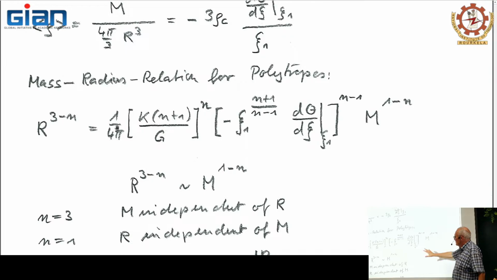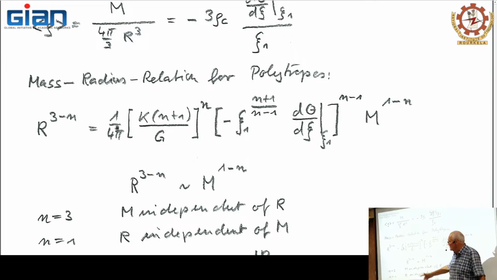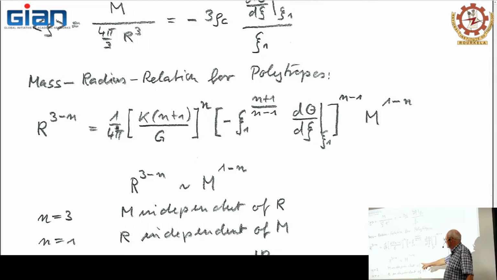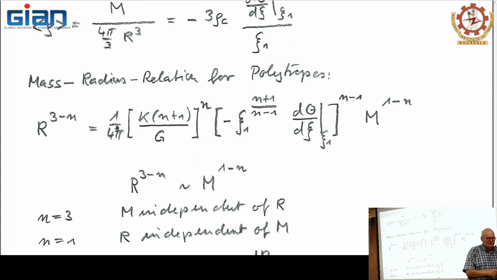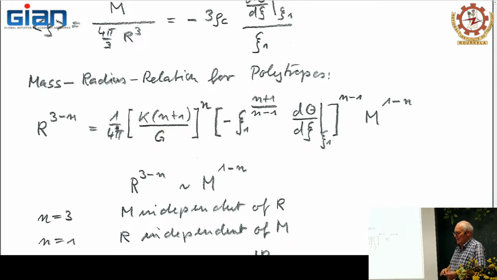Well, if we ignore all that stuff, these are only constants, the gravitational constant and the polytropic constant, then we end up with the radius to the power 3 minus n being proportional to the mass to the power 1 minus n. What we end up with is similar to the case we have studied before in a much simpler way without solving an equation. We obtained a mass-radius relation.